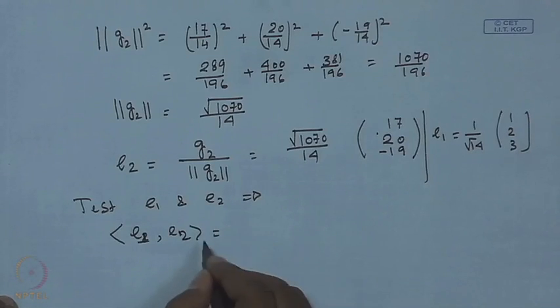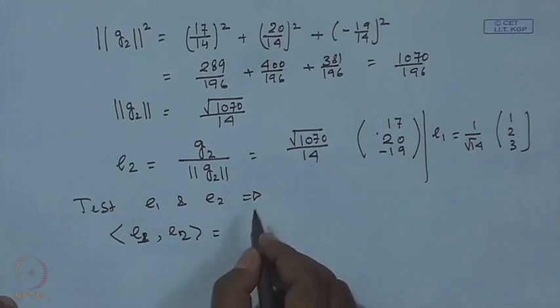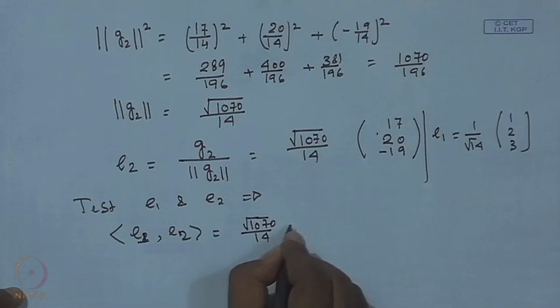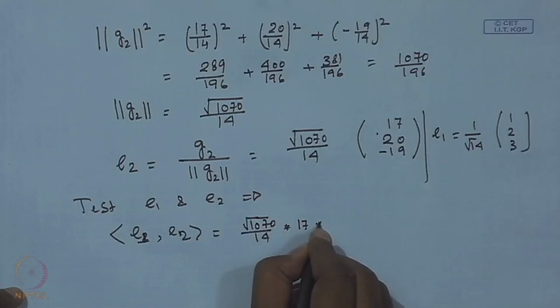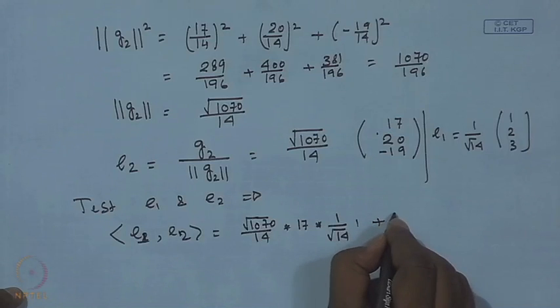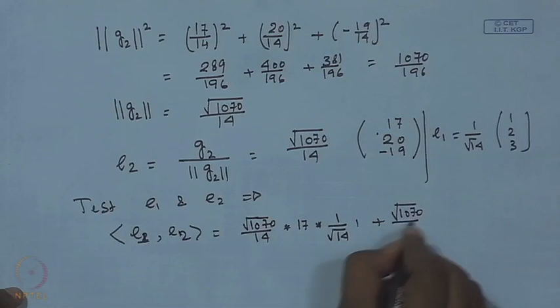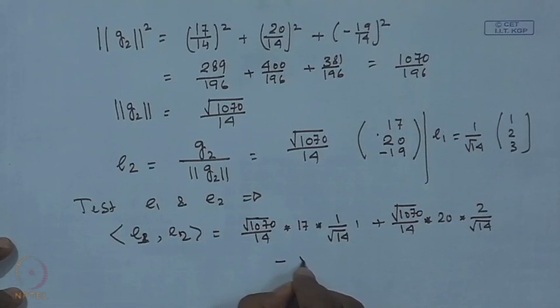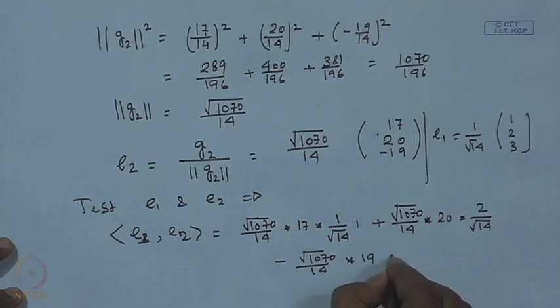So, if you evaluate this one, this will be root over 1070 divided by 14 into 17 into 1 over root 14 multiplied by 1, plus root over 1070 by 14 multiplied by 20 multiplied by 2 over root 14, minus root over 1070 divided by 14 multiplied by 19 plus 3 multiplied by 3 divided by root 14.